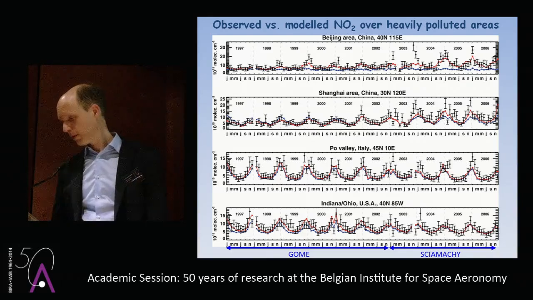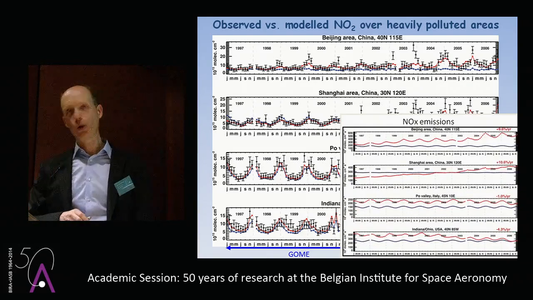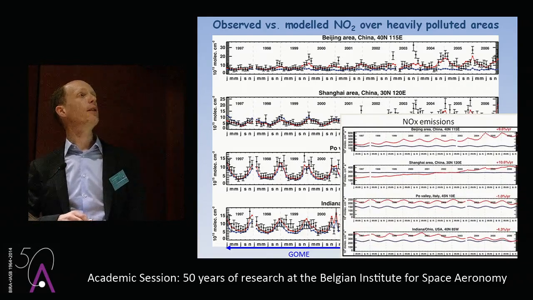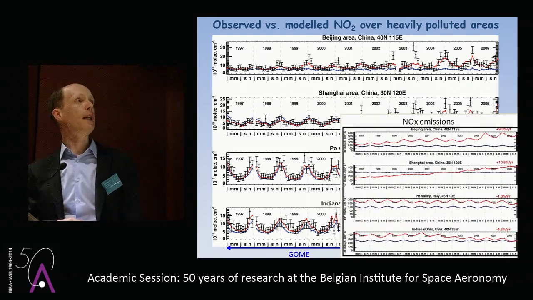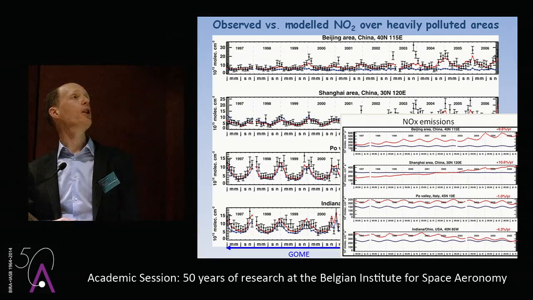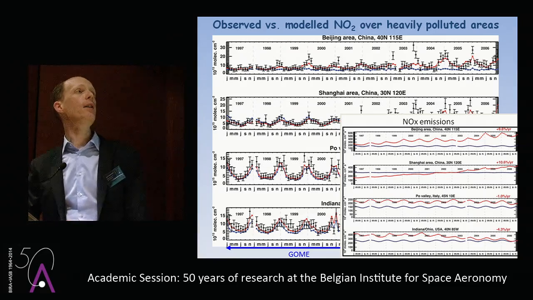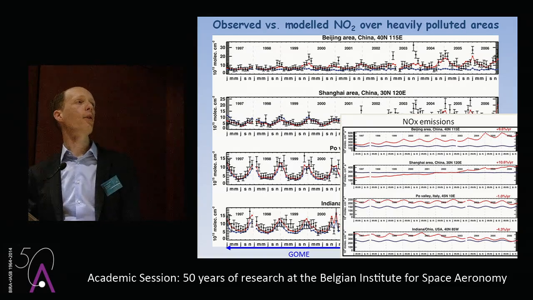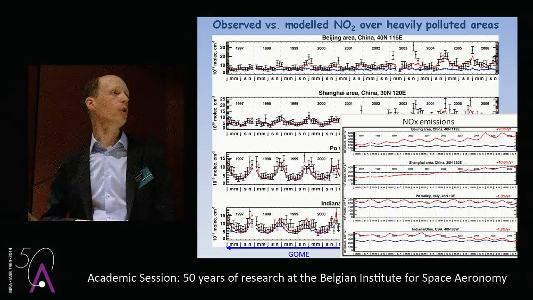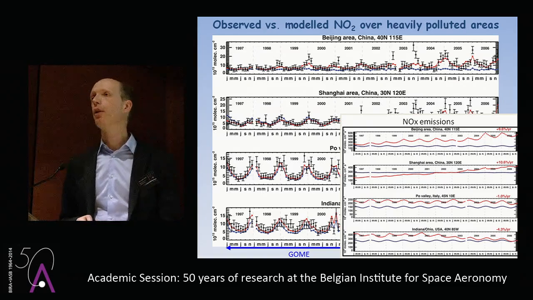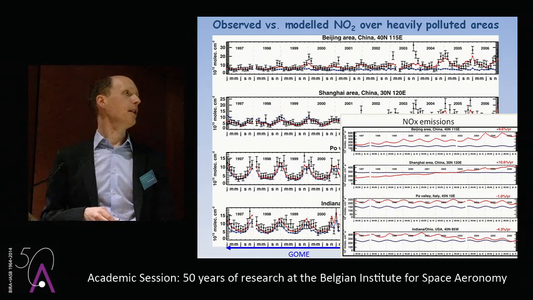And those are the emissions that are needed to achieve this agreement. And those are the trends in the emissions, of the order of 10% over China, and decrease in the emissions over Europe and over the US as a result of the regulation in the emissions.